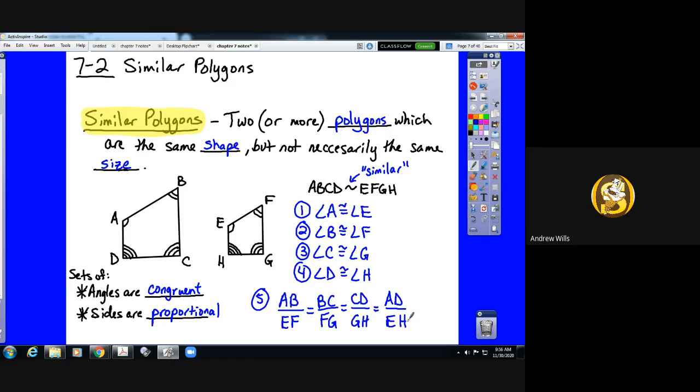Now, when we actually use that in a problem, we won't use all four. We'll only use two at a time because you can't solve a proportion if it consists of more than two ratios. But all four of those ratios are equal to each other. They are proportional.